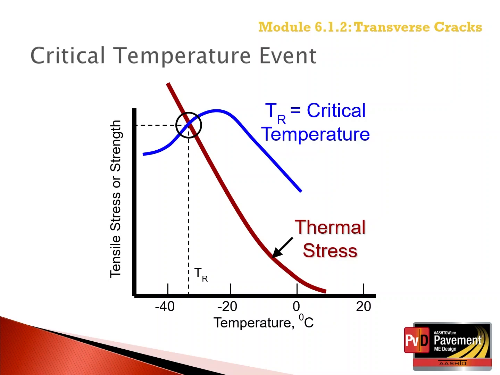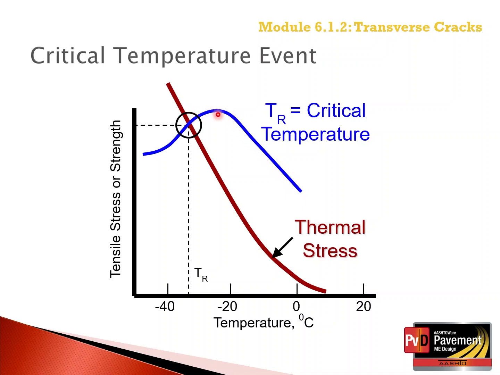In other words, the thermal stress as the temperature decreases will continually build up at the surface of the wearing surface. Continuous decrease in temperature results in a continuous increase in tensile stress. The indirect tensile strength of the mix will also increase with decreases in temperature.